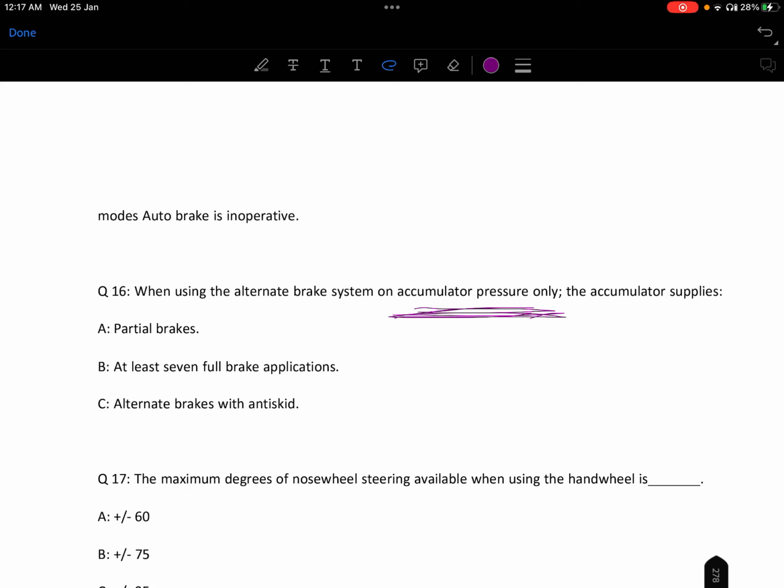Their main use is just to serve the transient demands of the users, but they can provide 7 full applications of brakes in case of low pressure in the hydraulic system. Option Bravo seems correct.